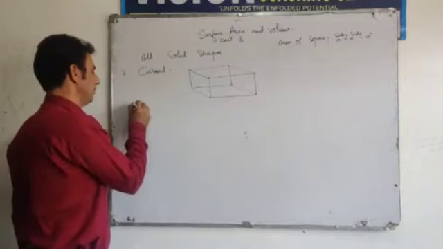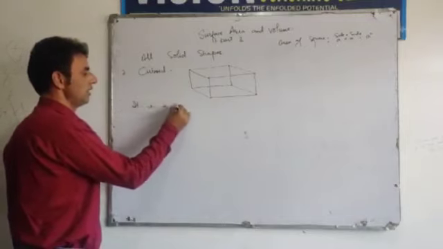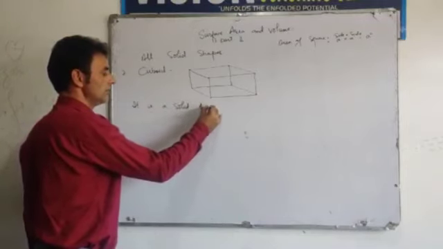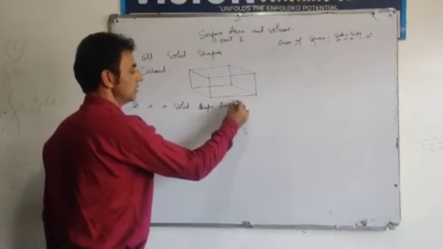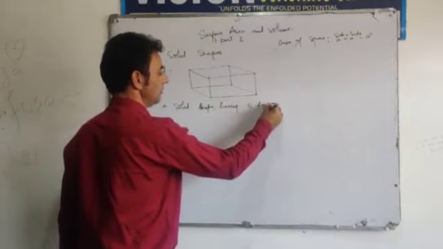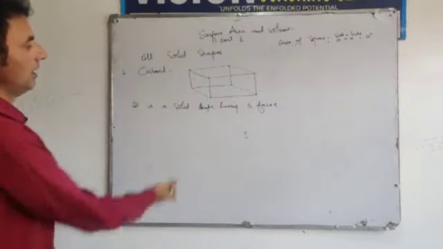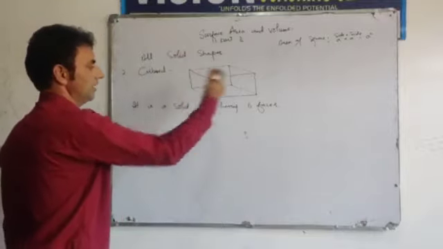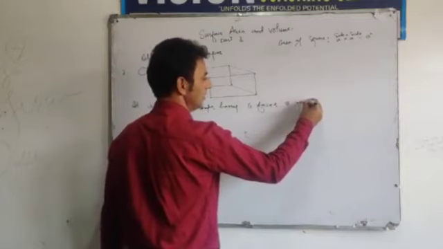This cuboid will be defined as a solid shape having 6 faces, like a cube. The 6 faces you can easily get: top, bottom, front, back, left and right. 8 vertices.